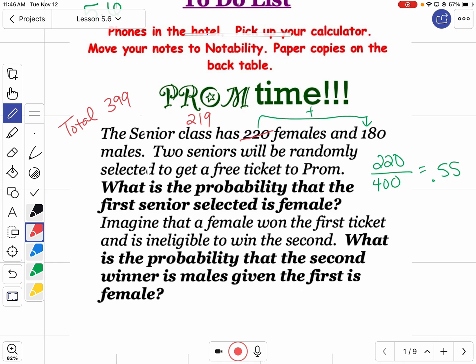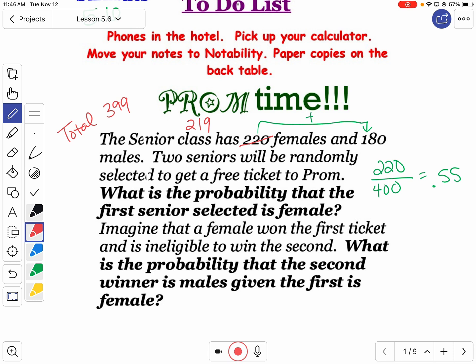So what's the probability that the second winner is a male, given that the first winner was female? This is a little bit different. If we look for the probability that the second winner is a male, given that the first is a female, what was our probability that the first was a female? 0.55. And then the probability that the second winner is a male: how many males do we have left? 180 out of 399.